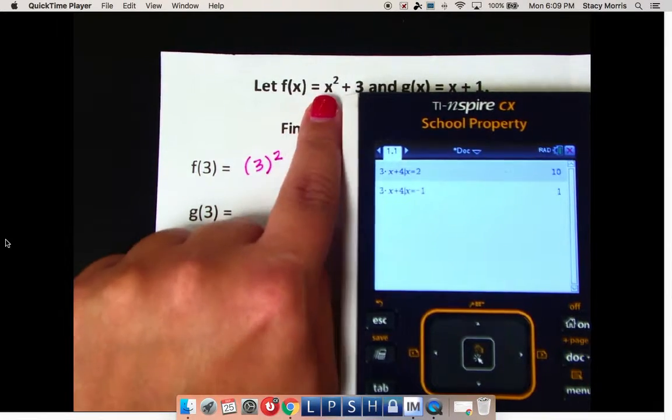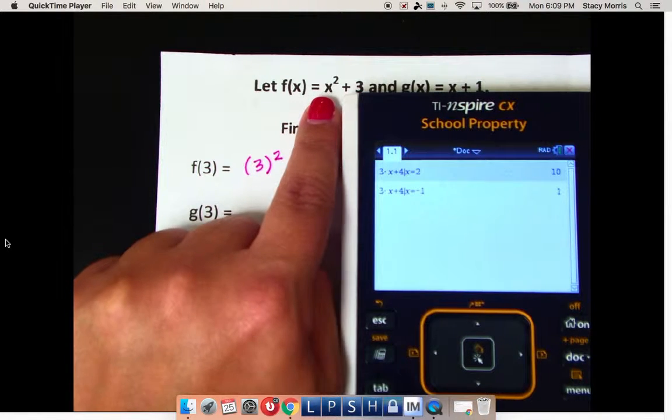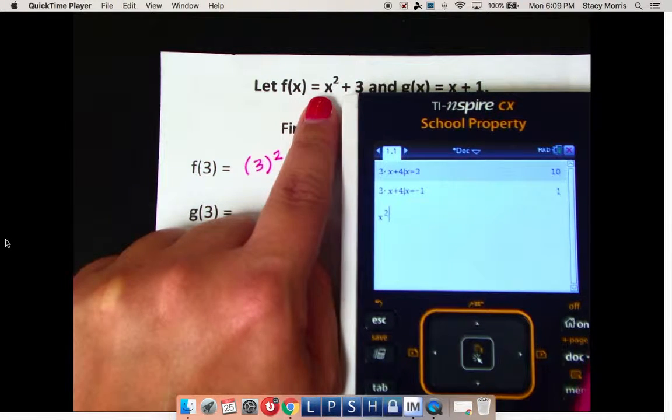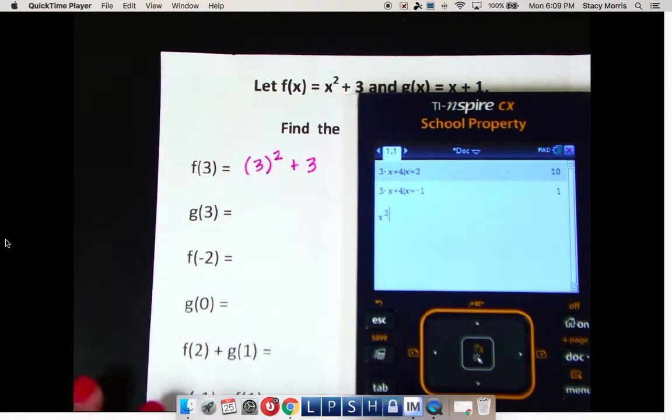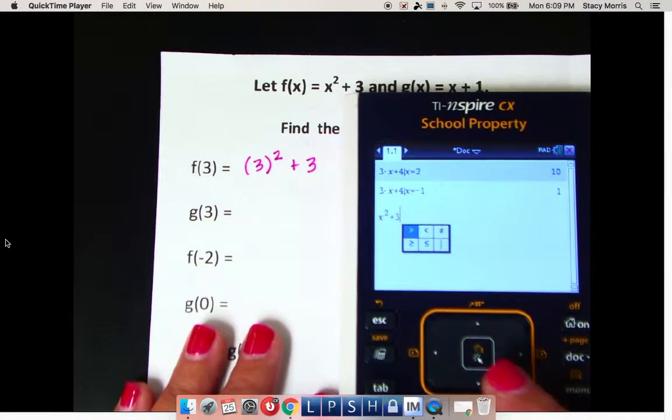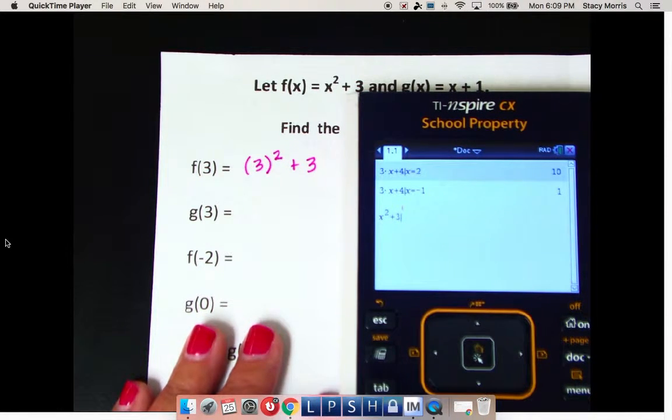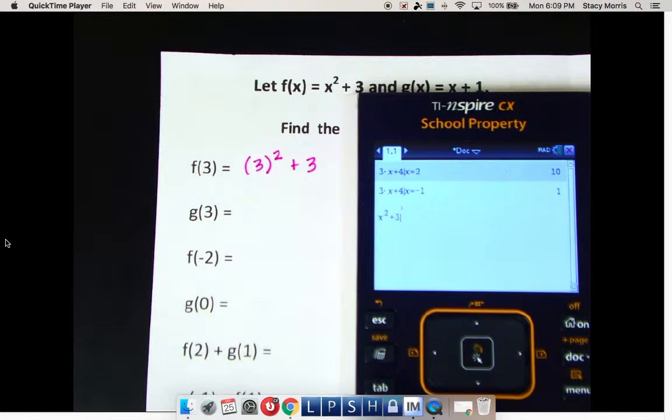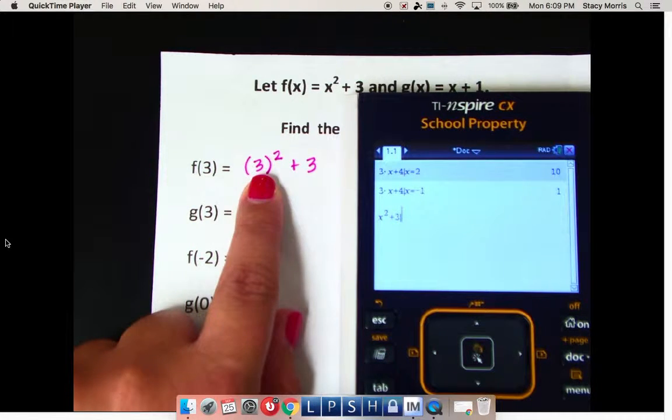So I'm actually going to type in the f of x equation part. So I'm going to type x squared plus 3. And then control equals, again, we'll get that little line. So bottom right-hand corner there. So control equals, get that line. And I want to know, what does that equal when x, or my input, is 3?